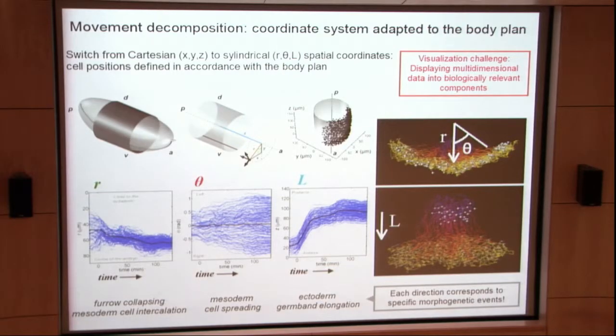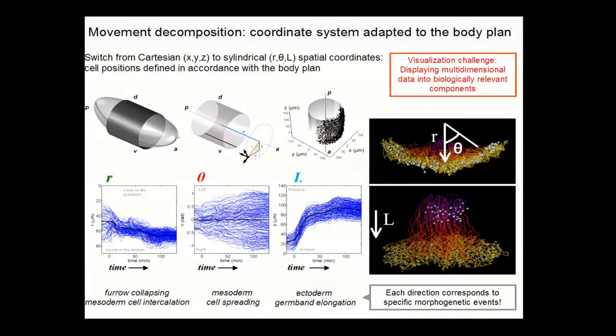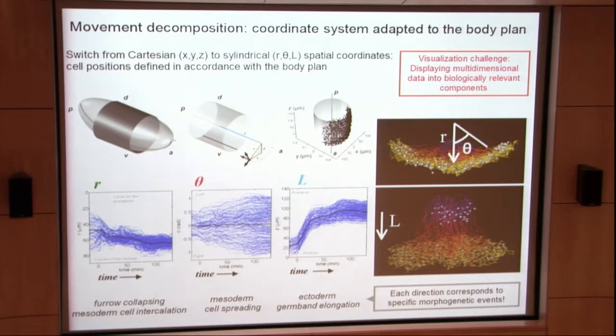And each line here corresponds to the track of a cell. And it's really nice here because each direction corresponds to a specific process. In the z direction, this is the main axis of the embryo, the anterior-posterior axis, you have the movement of convergence extension in this direction.